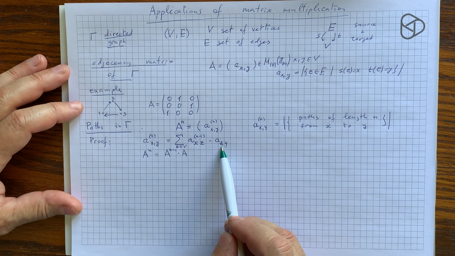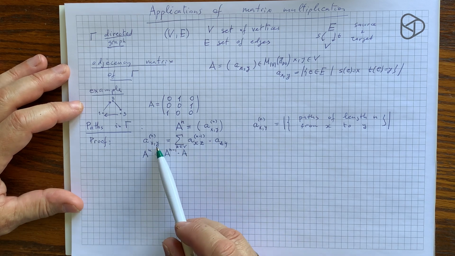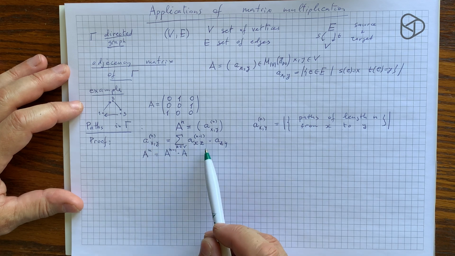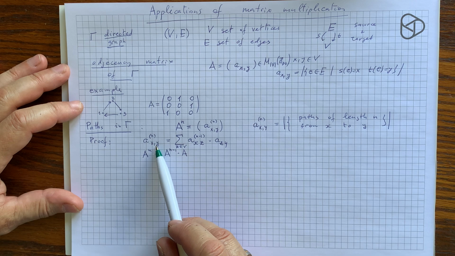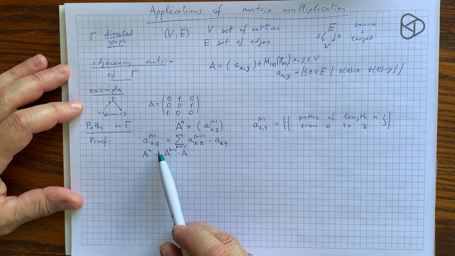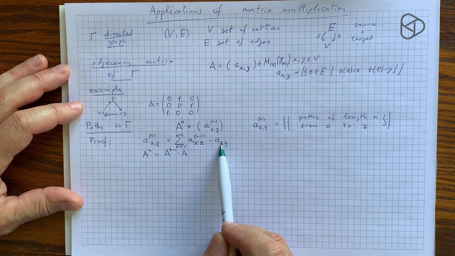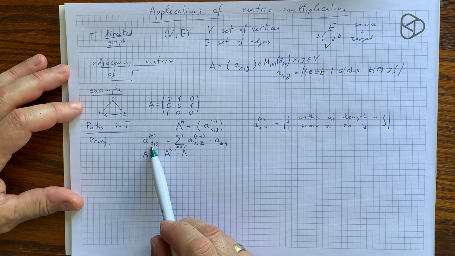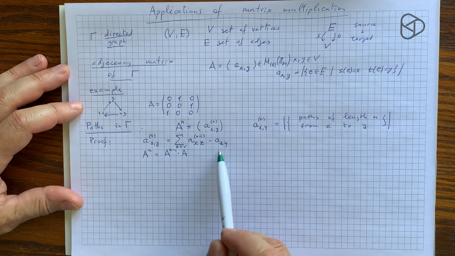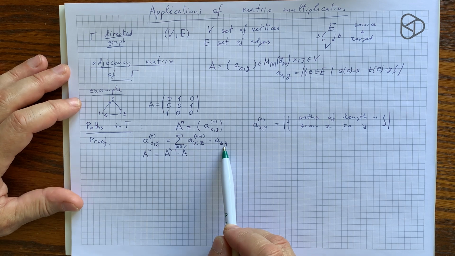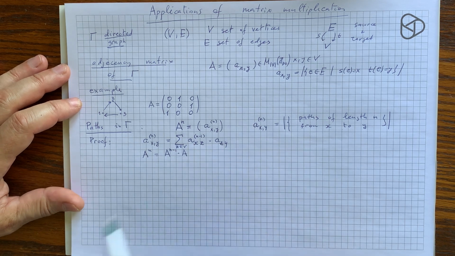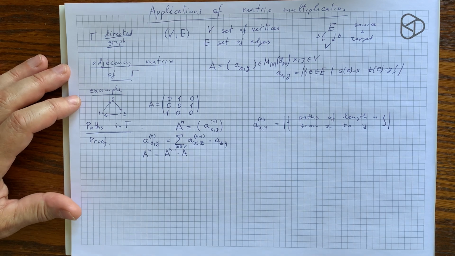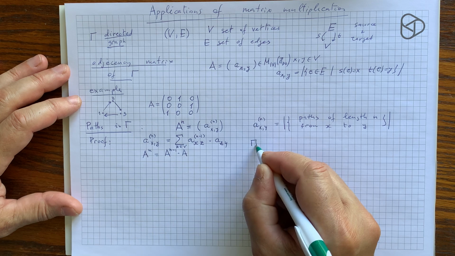And then we have multiplying the number of such paths by the number of connections between Z and Y. And that is indeed counting all paths uniquely, because what we can do with every path is to look at which vertex it takes before reaching Y, and that will be determining the Z, and then the paths from X to Z will be counted by this number, and then the number of last moves in the path will be accounted by this entry. So that is a quick proof of the statement.